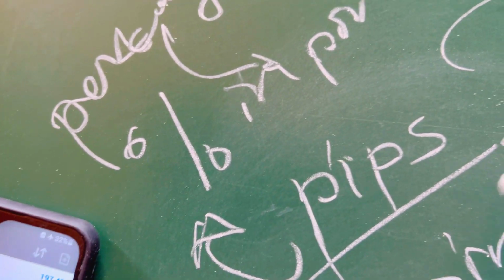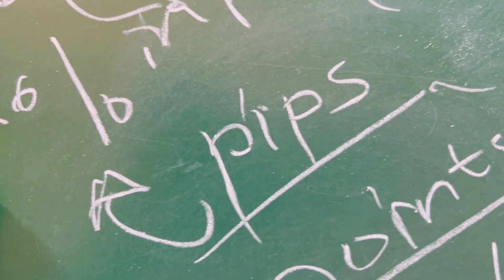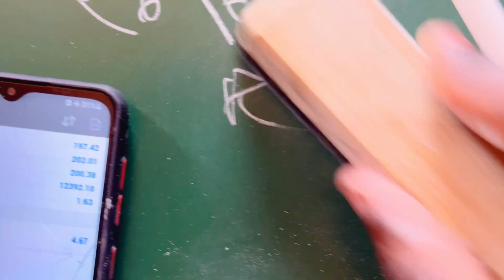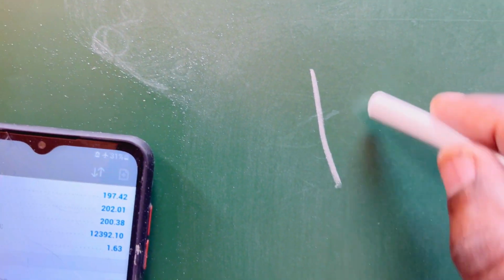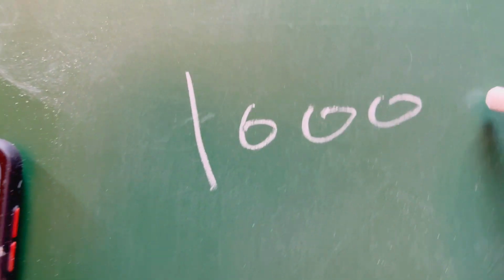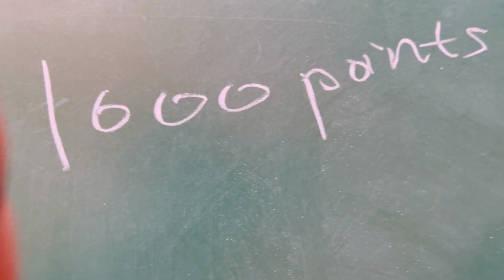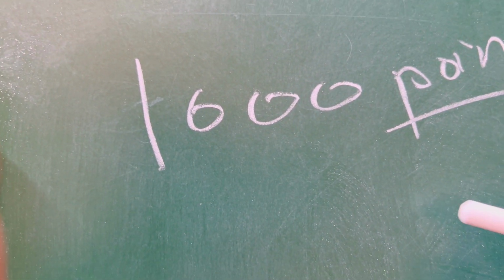So if you get a spread or you get points, you can decide to say, I profited, let's say, 1,000 points.